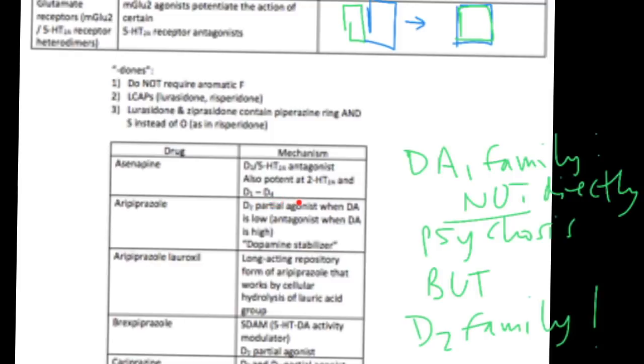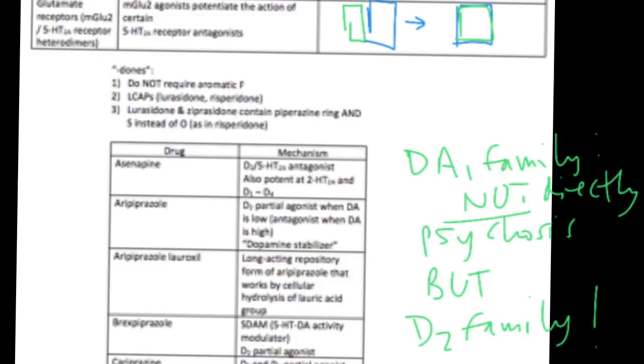Aripiprazole is a D2 partial agonist when dopamine is low, but it functions as an antagonist when dopamine is high. It's also known as a dopamine stabilizer because it acts one way when dopamine is low and differently when dopamine is high. Aripiprazole lauroxil is a long-acting repository form of aripiprazole that works by cellular hydrolysis of the lauric acid group.